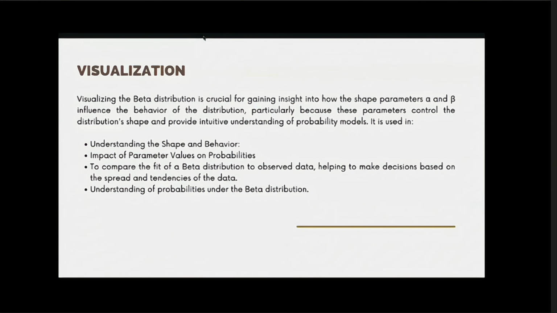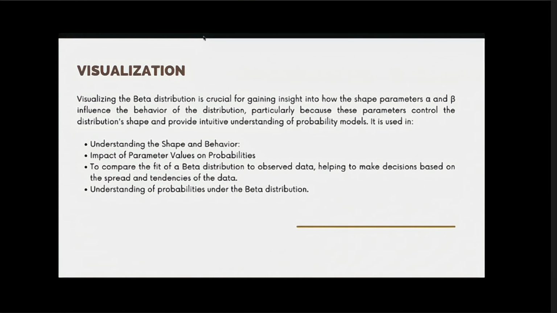Now let's talk about visualization. In statistics and probability, visualizing data helps you grasp abstract mathematical concepts in a tangible way. With the beta distribution, this is especially important because the shape parameters alpha and beta dramatically alter the distribution's appearance, and hence the insight you can draw from it.